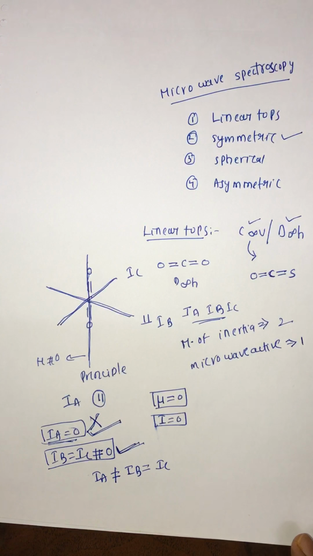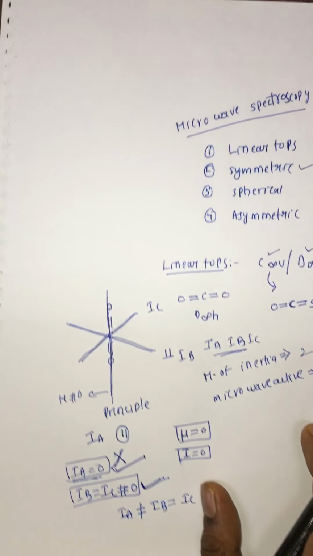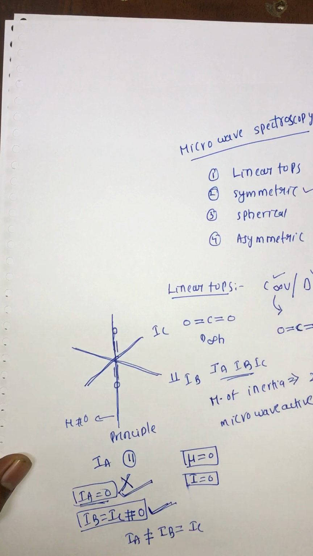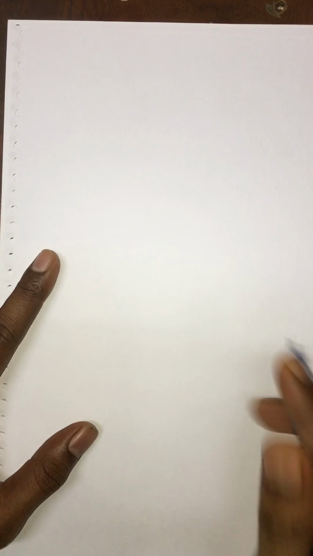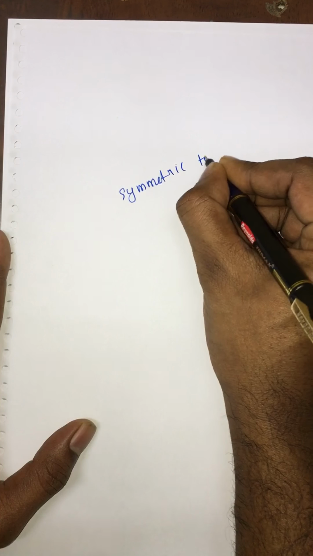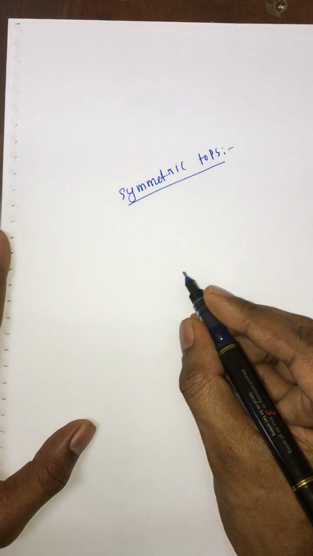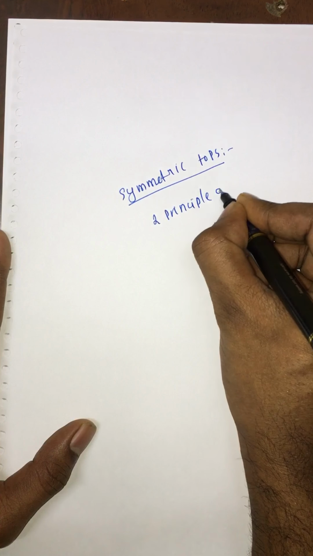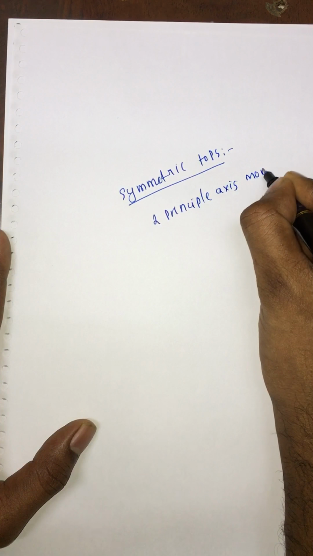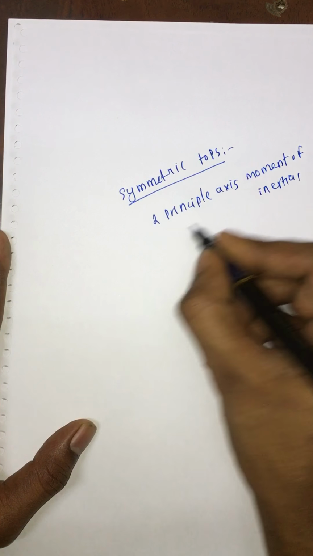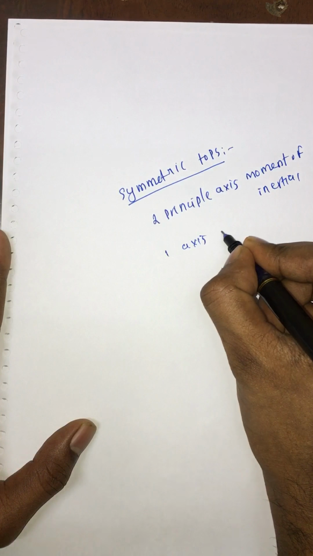This is very important, and symmetric tops are further divided into two types. In case of a symmetric top, two principal axes have the same moment of inertia and one axis has a unique moment of inertia.